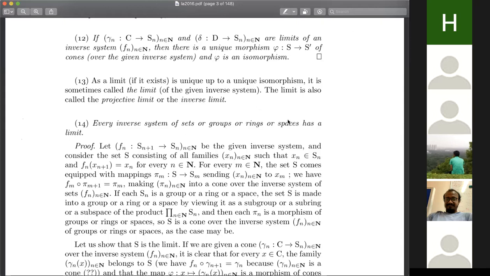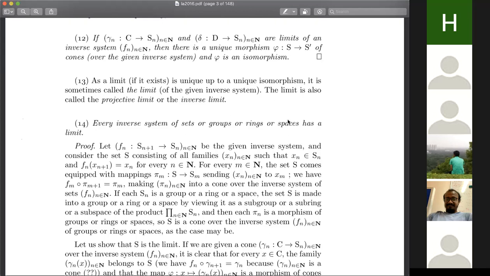Because let's talk about initial objects, right? So I have two initial objects. What does it mean? There's a unique map. Give them some names. Let's call them x1 and x2. These are two objects in some category, and both of them are initial objects in that category.